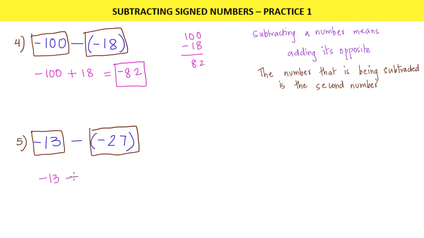So add the opposite of negative 27 is positive 27. And again, these are two different signs. When we add two different signs, they're going to cancel each other. So 27 minus 13 is 14. And since we are more positive than negative, the answer will be positive 14.